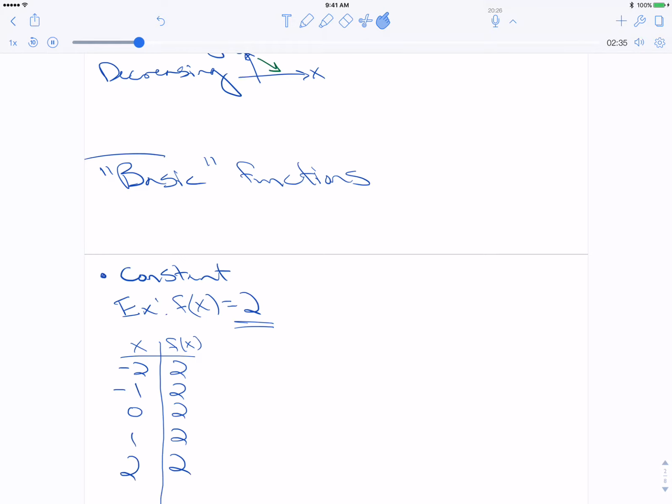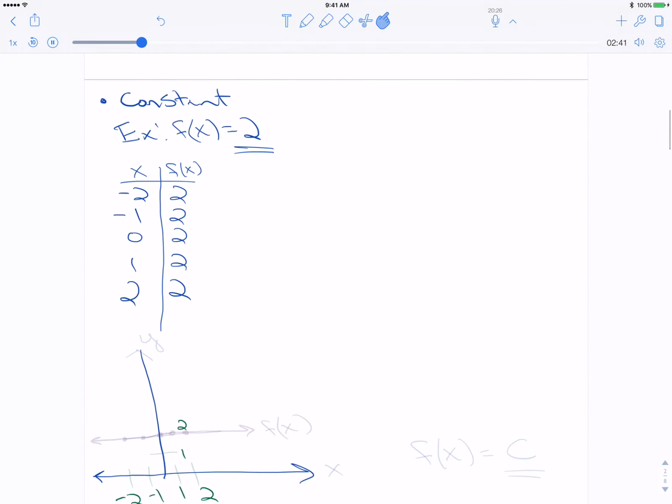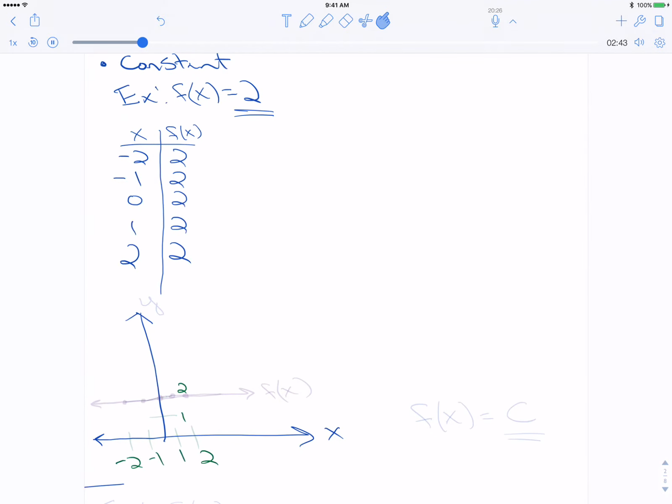And then when I want to translate that into a graph, I can draw my axes. Here's my x and my y, or f of x. The points, really that's still the y-axis, so that's our y-axis, but the graph that we're about to draw, that is going to be our f of x.